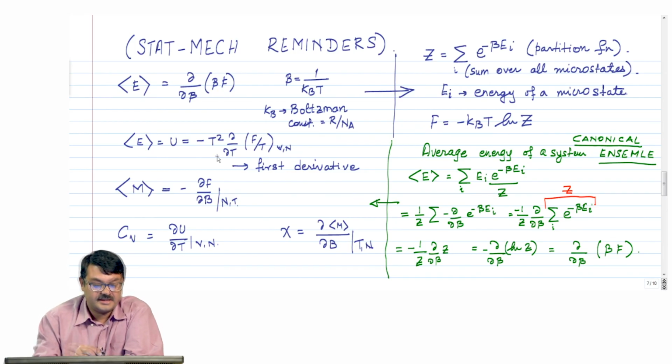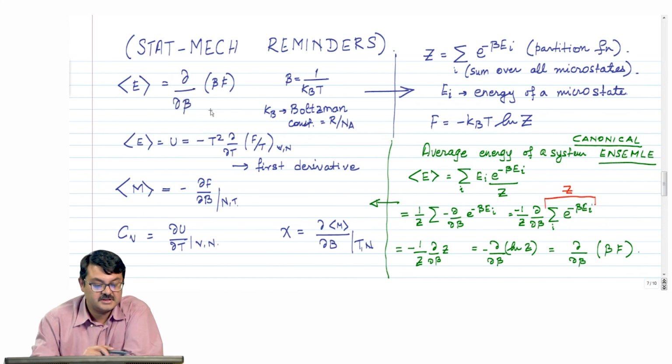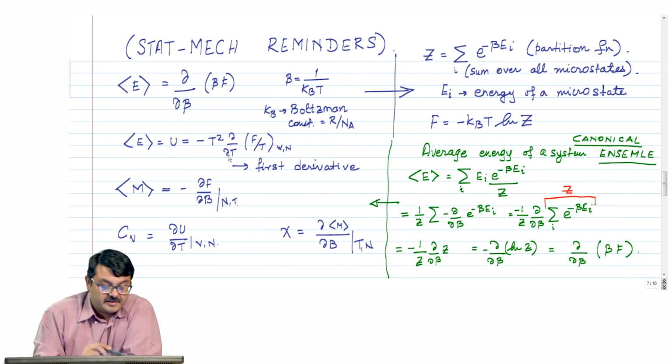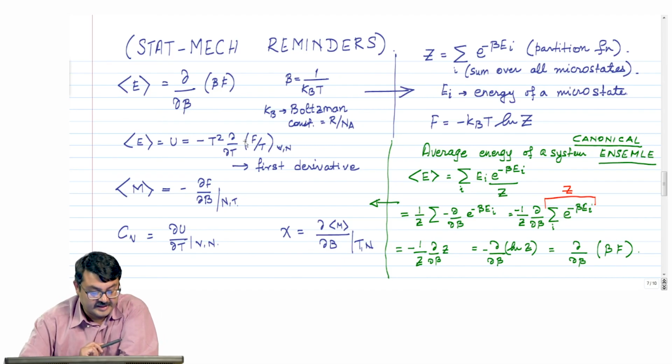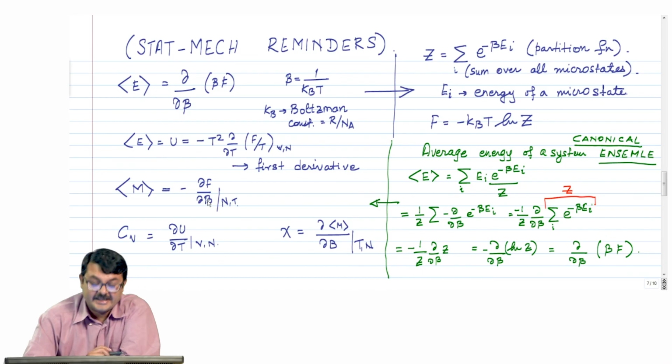I have done nothing but convert this derivative with respect to beta to a derivative with respect to temperature. Using very similar methods, please check it out, look up your StatMech book. The magnetization can be written as minus del F by del B, B being the magnetic field.